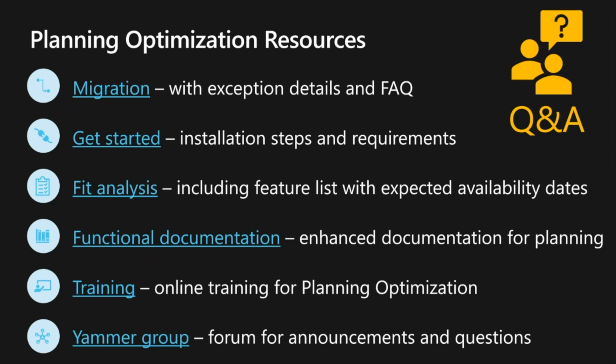There is also a question about other regions, like South America, India, Japan, etc. So support is coming, and we will announce as we have more information. But yes, we are definitely looking into enabling planning optimization in all the same regions where Dynamics 365 for supply chain management is available.